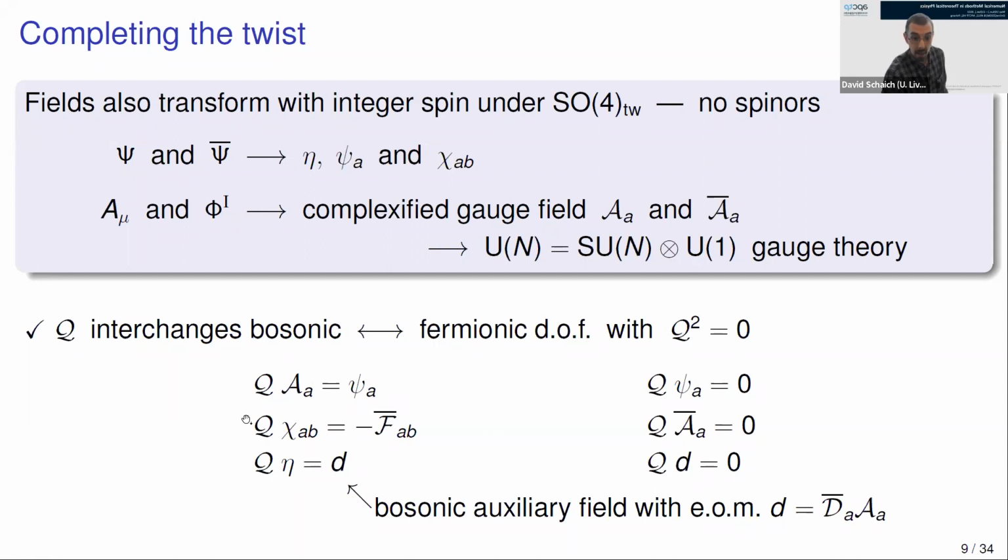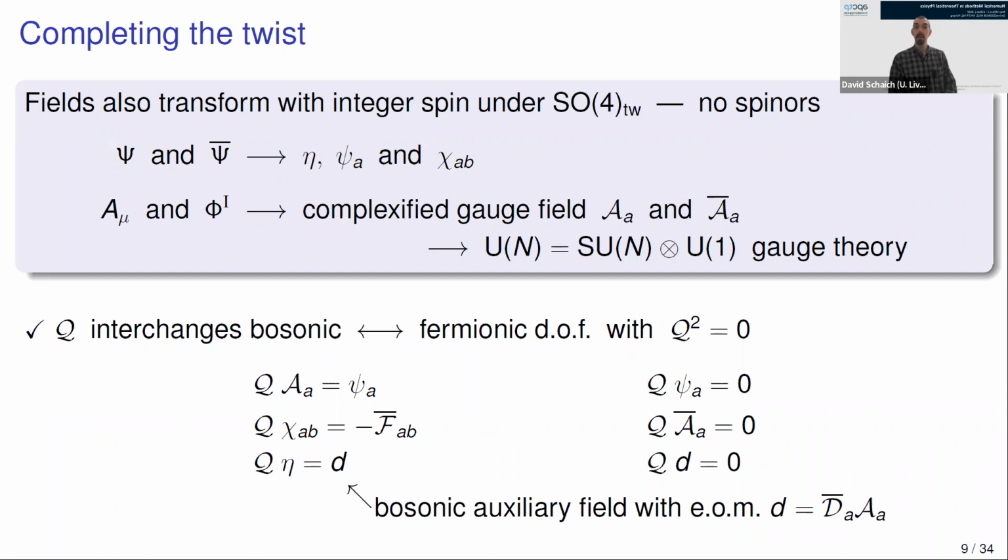And if we act again on that gauge field A, we get Q squared A equals Q psi, which then just vanishes, and similarly going across the other rows that account for all of the other degrees of freedom, where we introduce this bosonic auxiliary field D that will be replaced by its equations of motion, D-bar, the gauge covariant derivative acting on the gauge field. And this helps preserve supersymmetry even off shell.